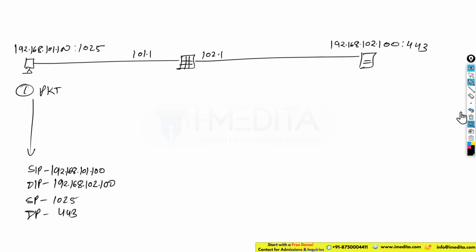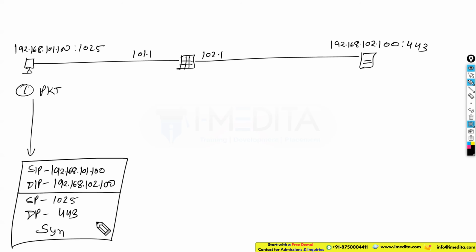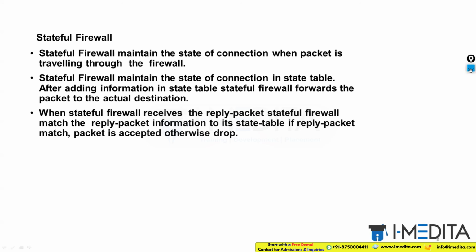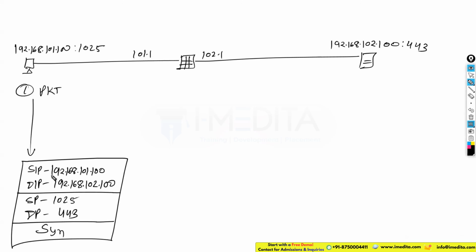Destination port 443. First packet TCP SYN. Such a packet will be generated by the PC, and this will be sent to the firewall.